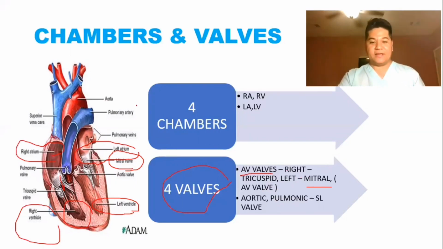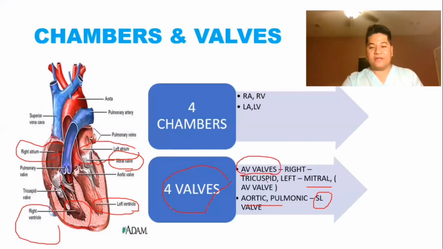Remember that, when they are together, they are called the semilunar valves. When we combine the tricuspid and the mitral, that is called the atrioventricular valves. Remember that when you're asked what the semilunar valves are: your aortic and pulmonic. What are your AV valves? Your tricuspid and your mitral valve. Okay, very good.